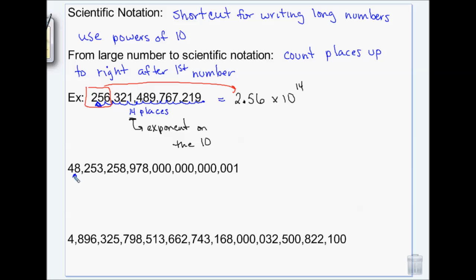Again, I want my decimal right here after the first number, so I'm going to start counting. There's 22 places.